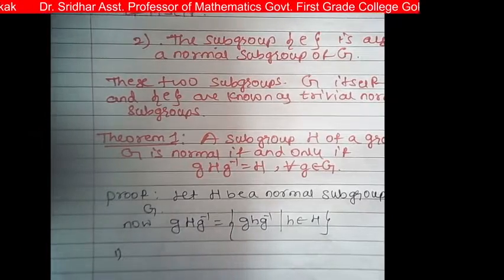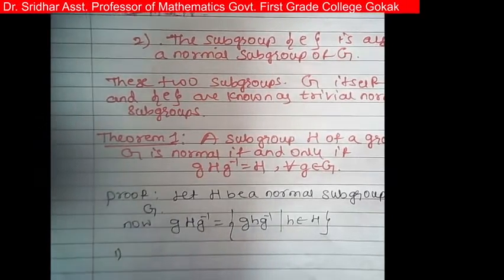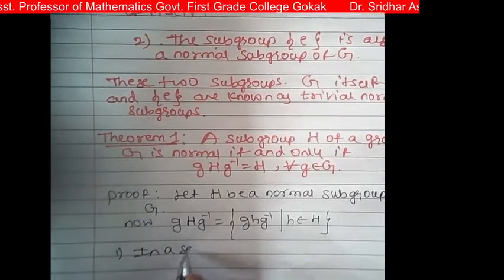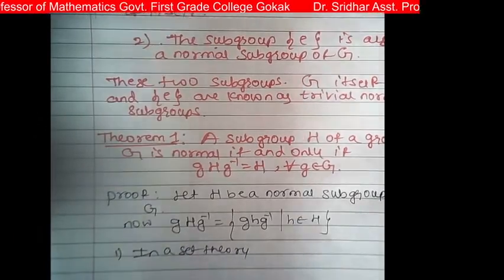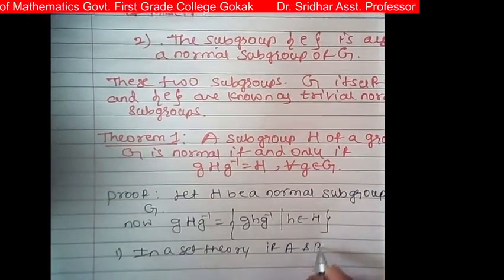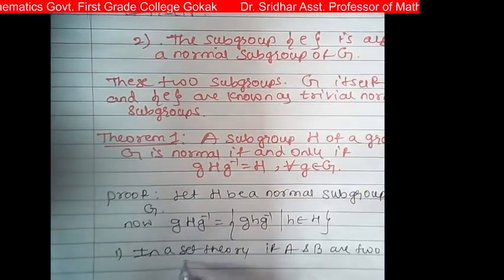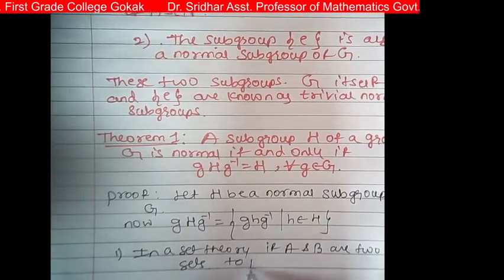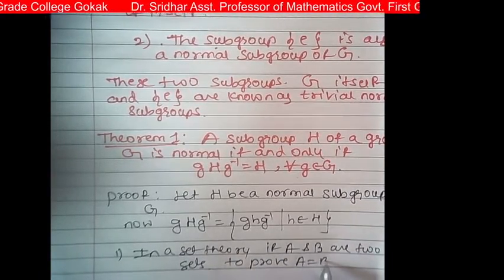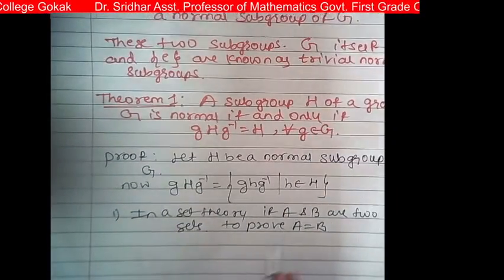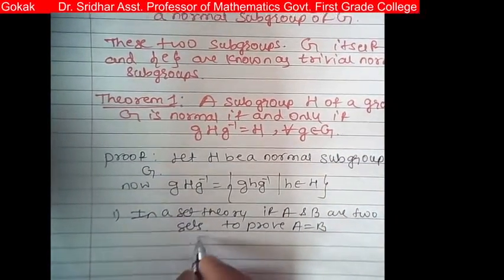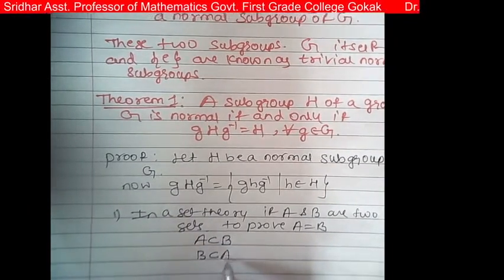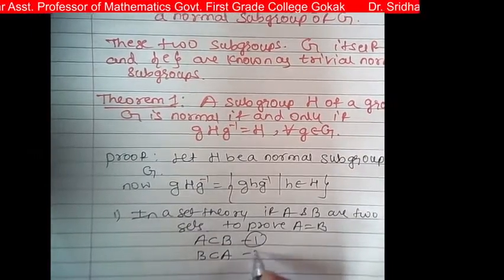As we know, in set theory, if A and B are two sets and we have to prove A is equal to B, first we show that A is a subset of B, and then we show that B is a subset of A. Call this equation 1 and this equation 2.